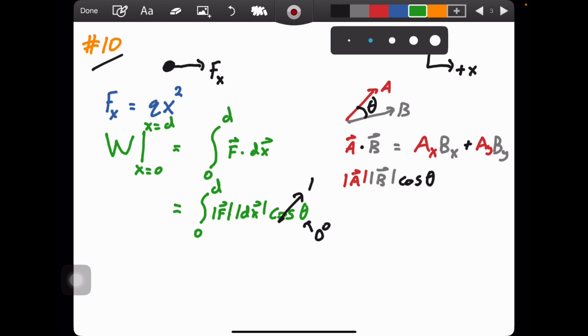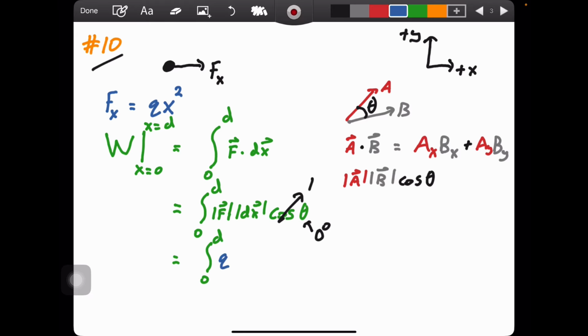This simplifies our integral such that now we have 0 to d. And remember, we have an expression for F that was equal to qx squared. And then the magnitude of some differential element dx is just the scalar of that.